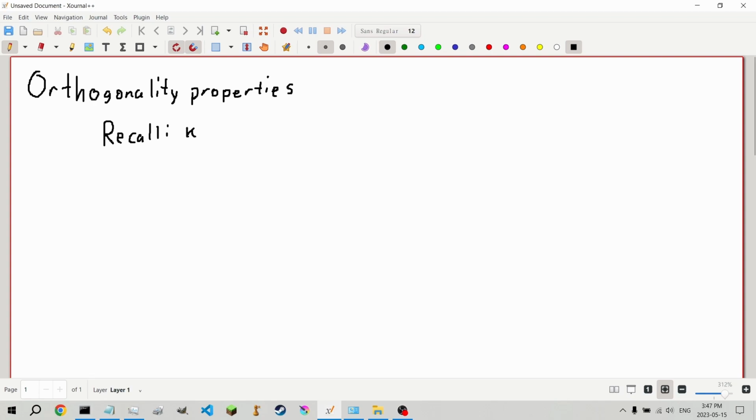The Killing form of the eigenspace of a root alpha and a root beta is 0 if alpha and beta are in H star and their sum is non-zero.